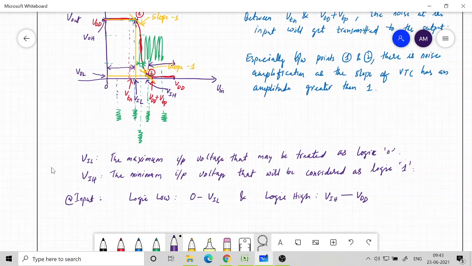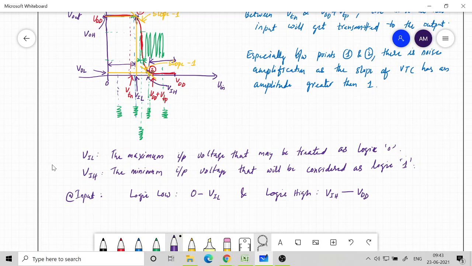Now the same thing you can talk about at the output also. What is VOL?